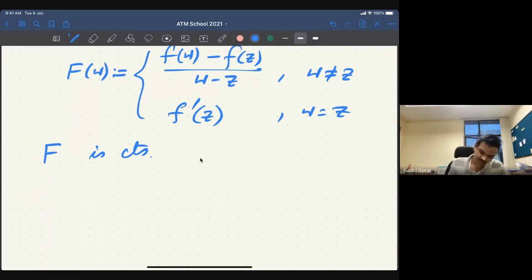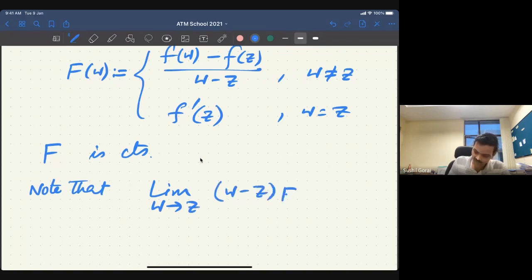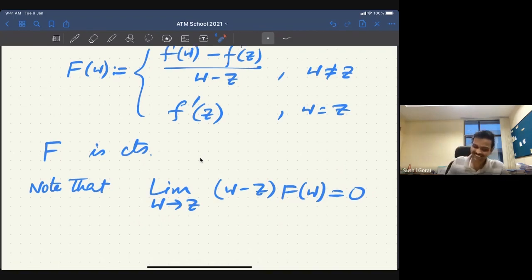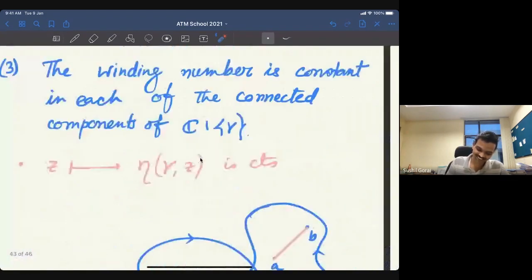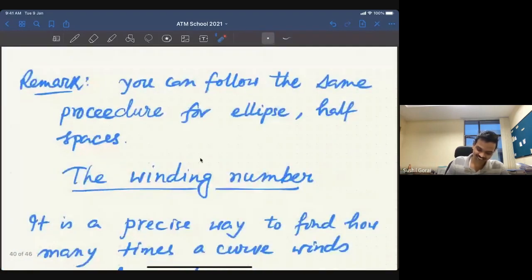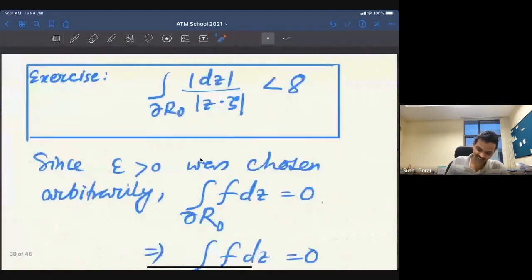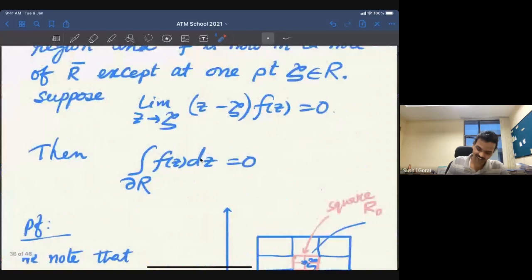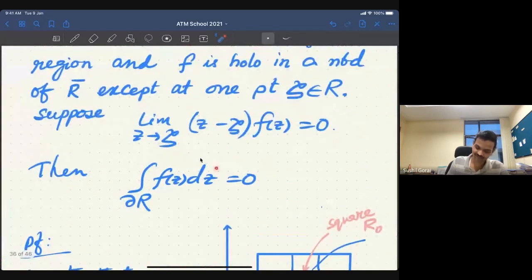But note that the limit as w tends to z of (w minus z) times F(w) is 0, right? So this limit plays an important role here. So where did I prove it? Yeah, here. Then you have this 0.